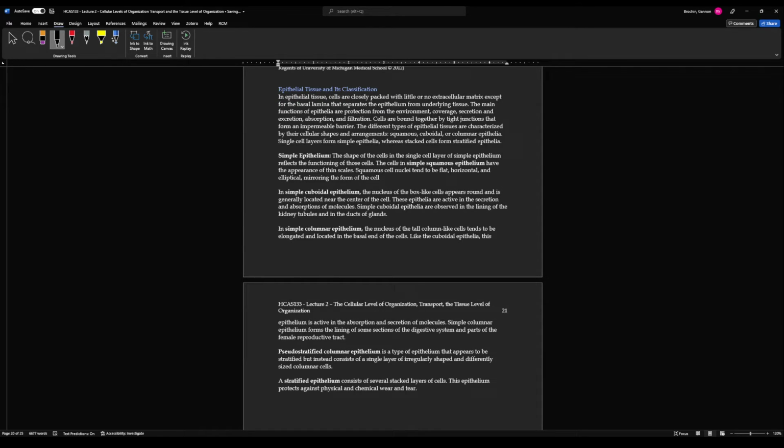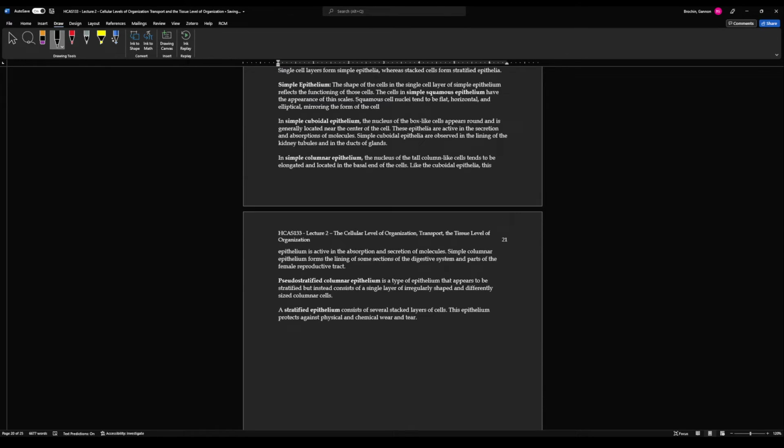These are literally cube-shaped cells. We see a lot of these in the kidney. They also line glandular ducts, etc. The nucleus for these guys is also very close to the middle of the cell. They're associated really with secretory function and absorption as well, which makes them really good for the kidney and for glands.